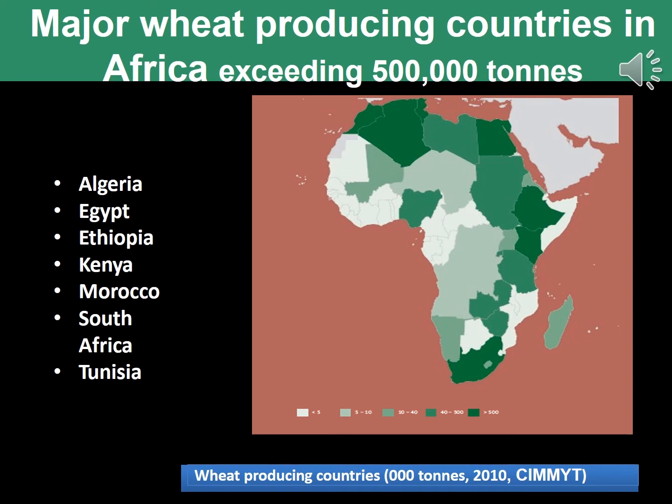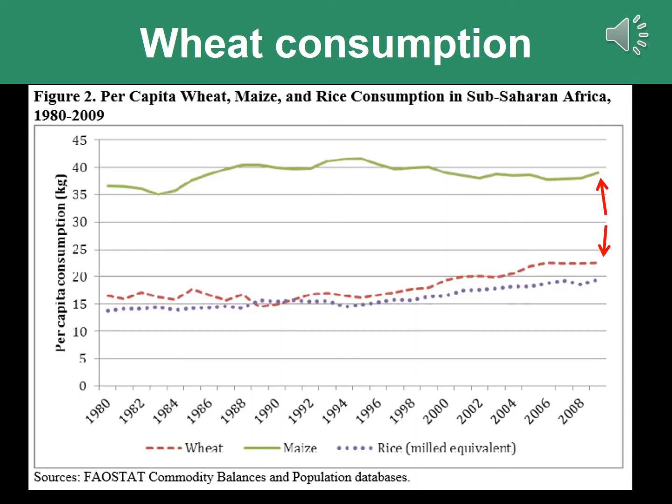And this is because they see the trend from maize or from other crops towards wheat. So that's quite important. Anyway, in the map there you can see the major wheat producing countries in Africa. This graph confirms the trend of maize consumption and the increase in wheat consumption over the last 20, 30 years.